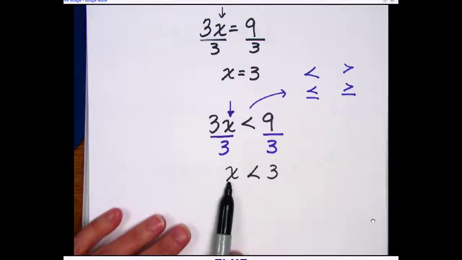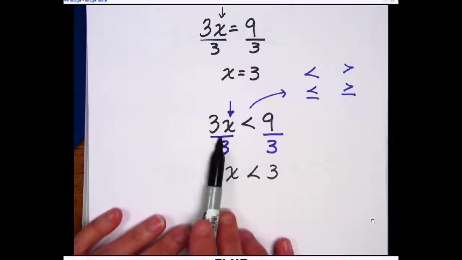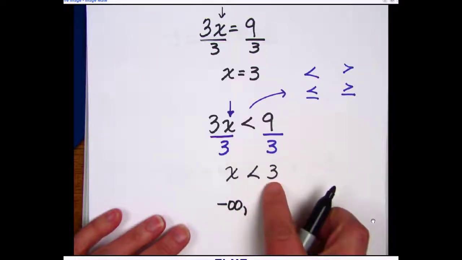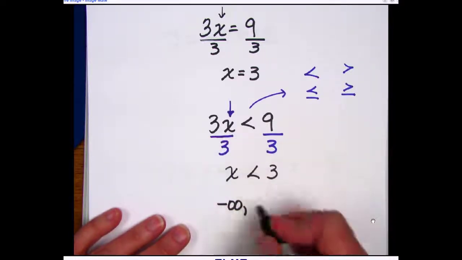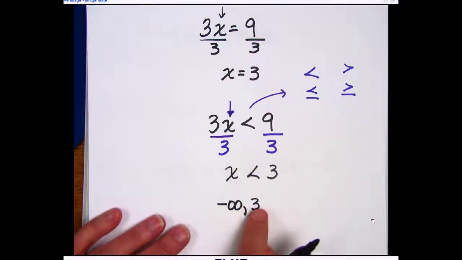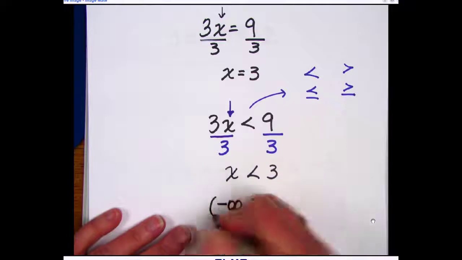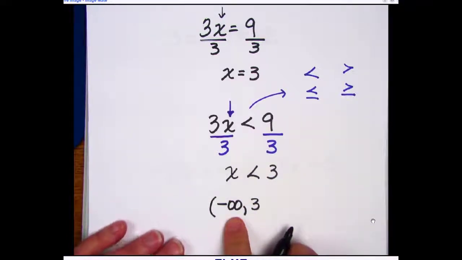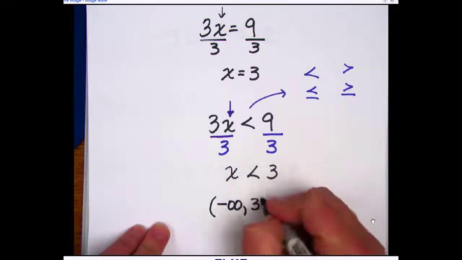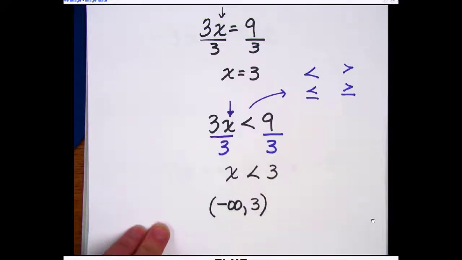What is the smallest value of x that would make this true? That would be negative infinity. What is the largest value of x that would make this true? Well, it's approximately 3. And then we do our parentheses. We always use rounded brackets with negative infinity and positive infinity. And then, since there's no equal sign here, we would use a rounded bracket.